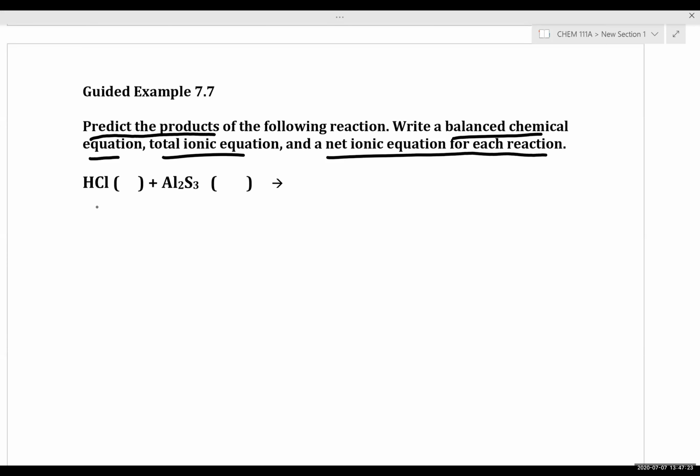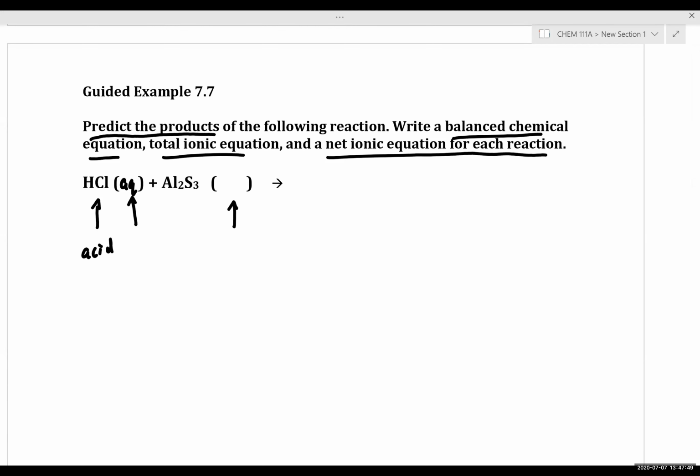So we know hydrochloric acid is our acid. And my question to you is, what state symbol do I put for hydrochloric acid? We've been doing this a lot, so this one should be pretty familiar to everyone. Aqueous, okay. Aluminum sulfide, what state symbol do we put for a sulfide salt?